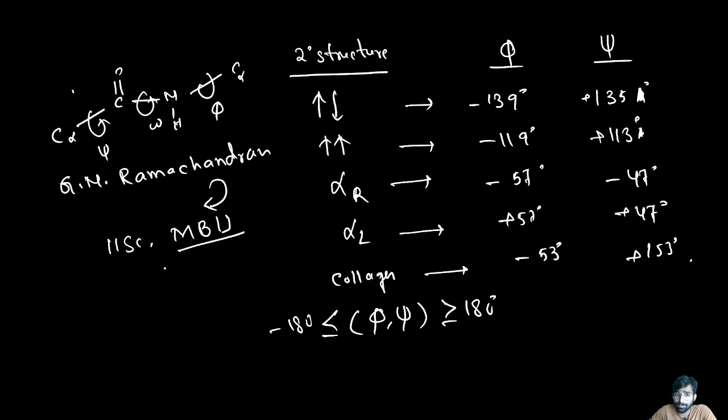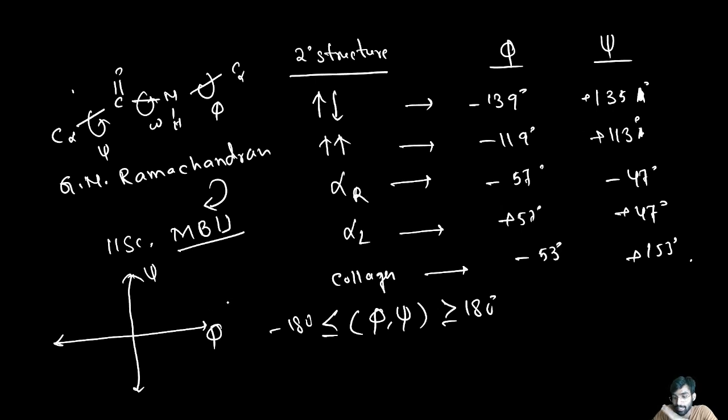It's fantastic work by Professor G. N. Ramachandran. It tells you which angles are allowed, and his plot is known as the Ramachandran plot. The Ramachandran plot is basically like this, with phi on one axis and psi on the other.